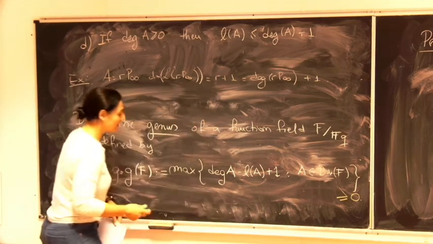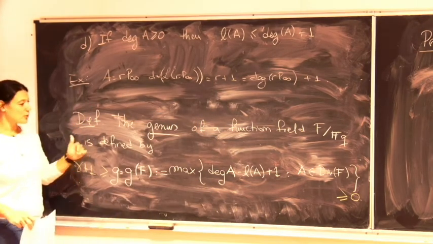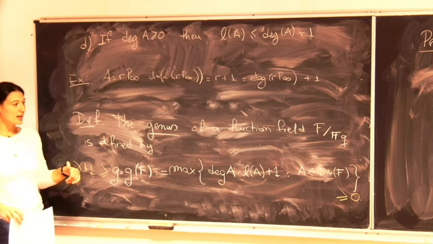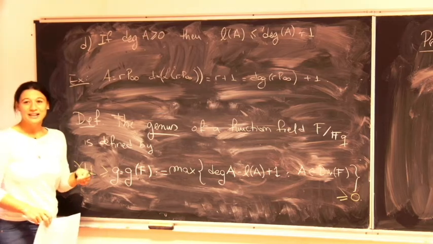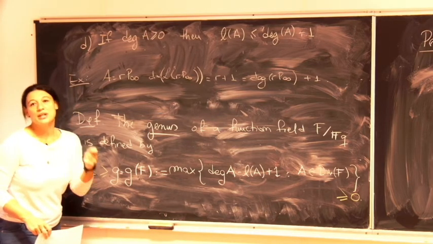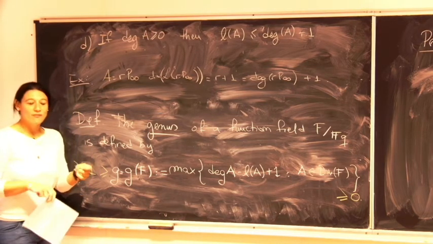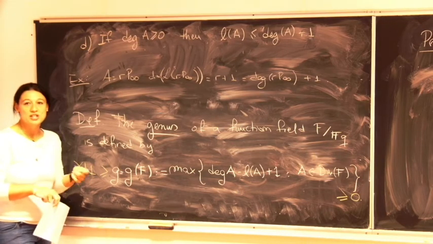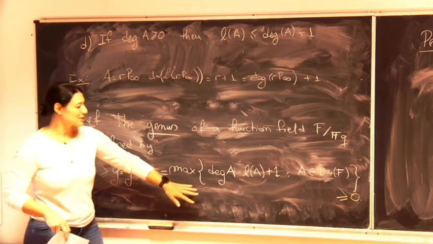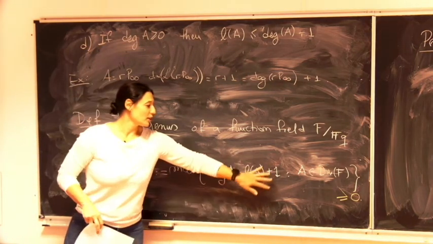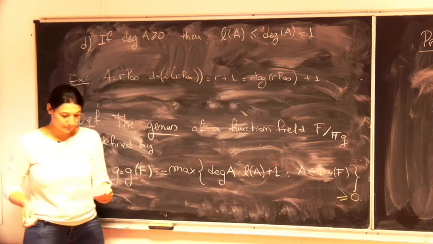So actually, what I'm going to say is, well, you can change divisors inside the function field, but at the end, all the dimensions there are going to be related to the genus of the function field. That has to do with this quantity.